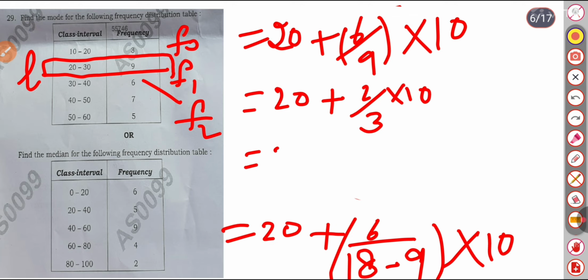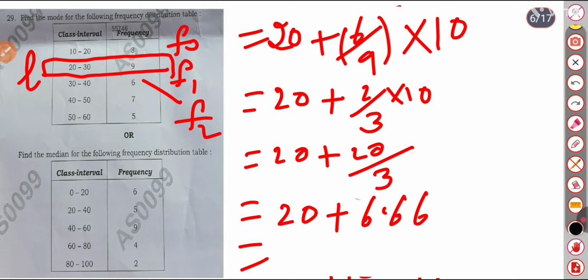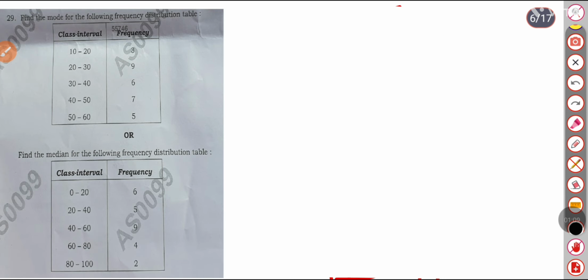After this, 20 plus 20 by 3. Next is equal to 20 plus, if you divide this, it is 6.66. We will get 26.66 is the mode.